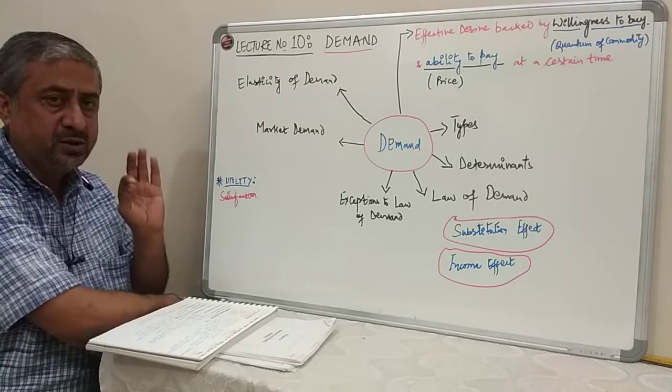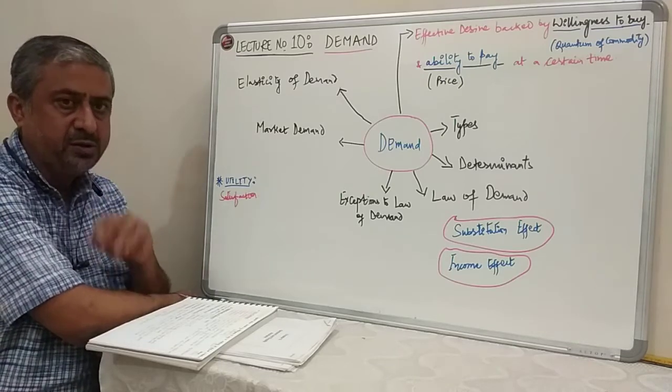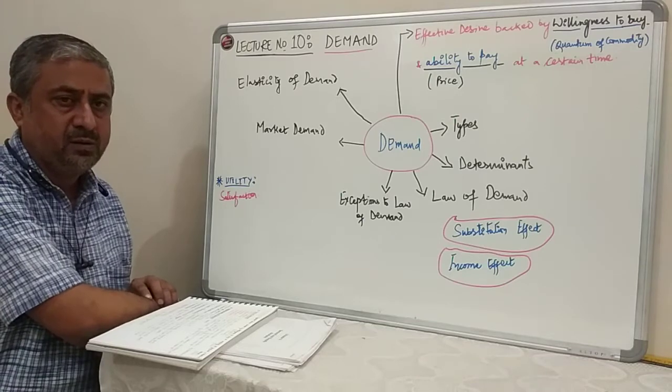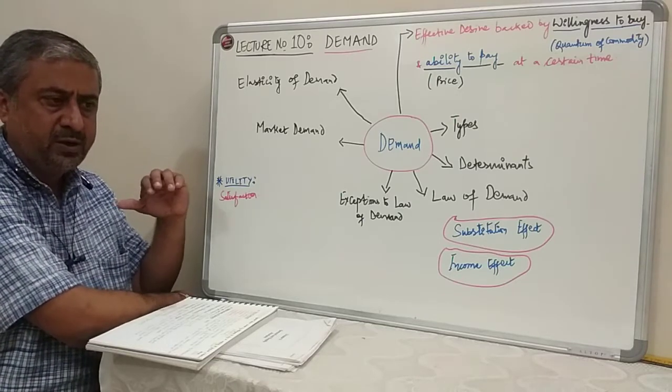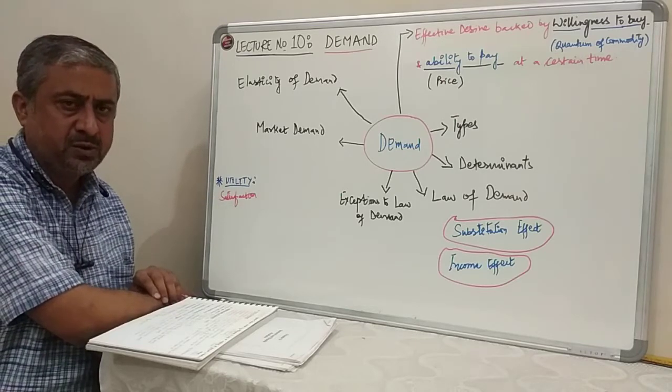At a certain price, not at a random price. When you say certain, it means at an agreeable price. You don't draw a price at a certain level which is not agreeable to the consumers or customers.